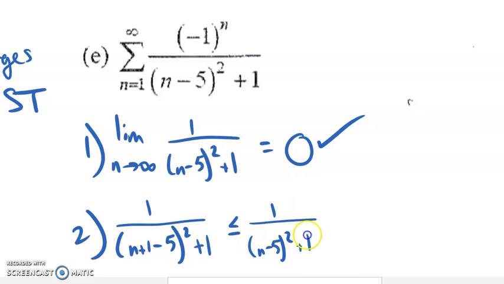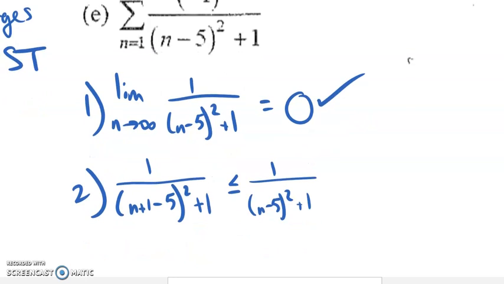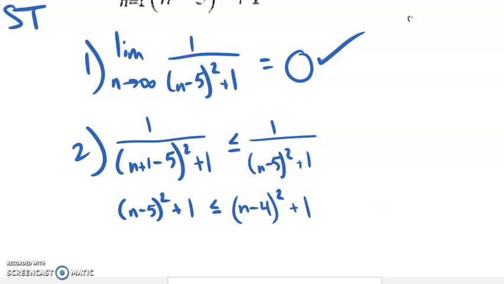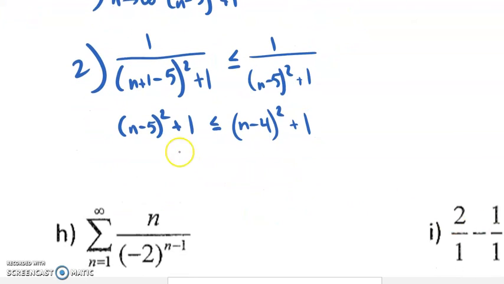All right, so let's give this a try again with a little bit of algebra. These are positive, so we can multiply the denominators by both sides of the inequality without fear of flipping the inequality symbol. N plus 1 minus 5 is n minus 4. We can subtract the 1 from both sides and then expand out the polynomial, the binomial squared.